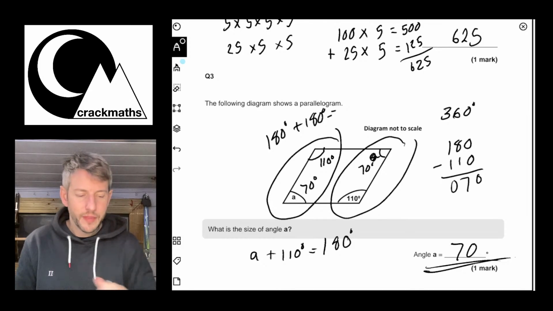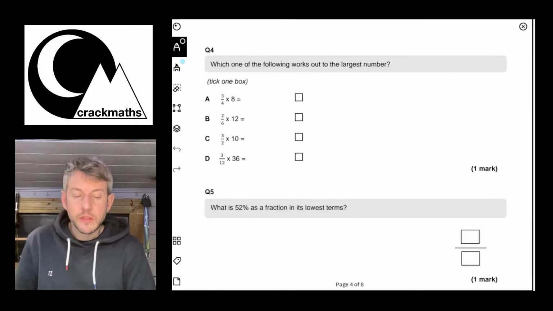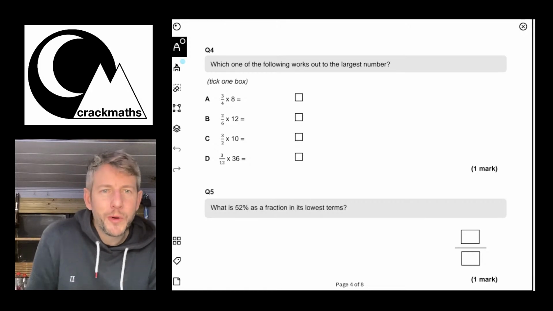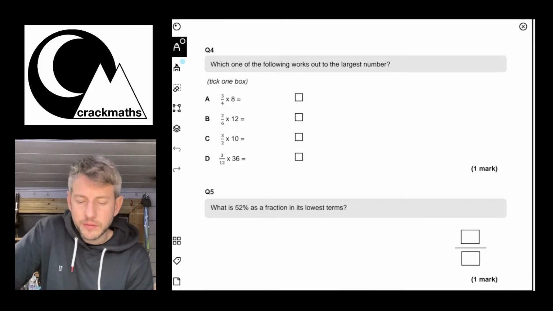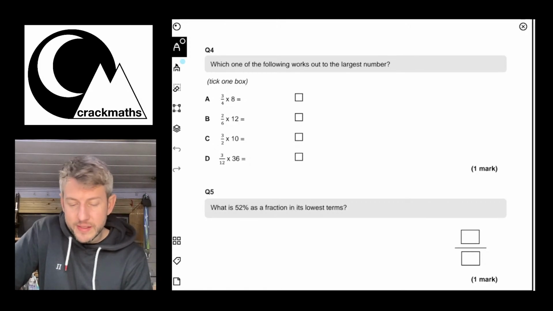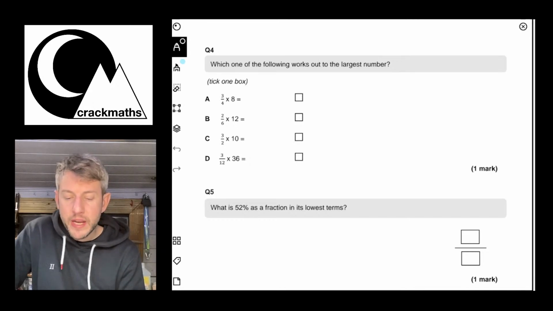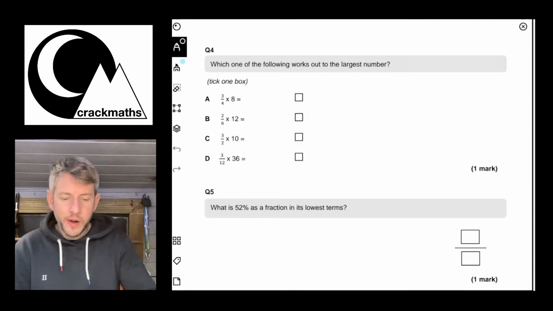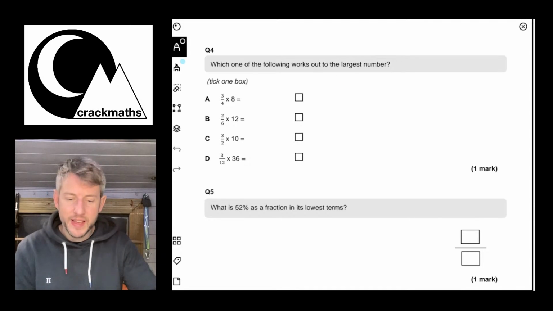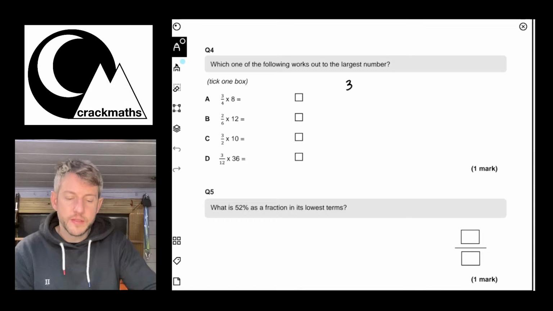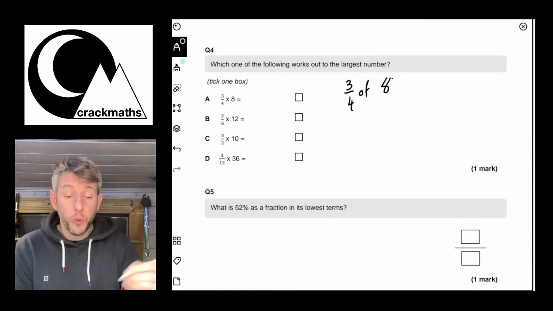Okay, next question. Which of the following works out to be the largest number? So let's have a look. First of all, we have 3/4 of 8. If you want 3/4 of 8, first of all we think about what 1/4 is.